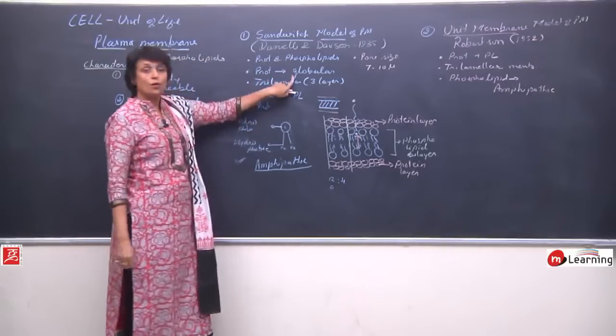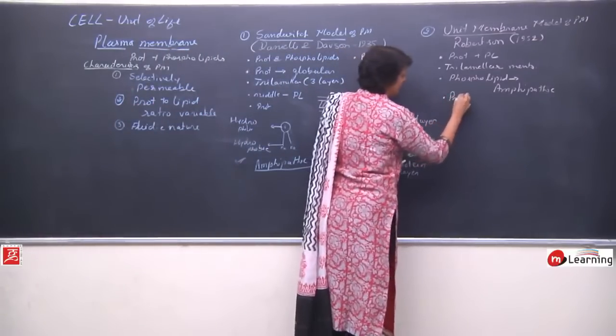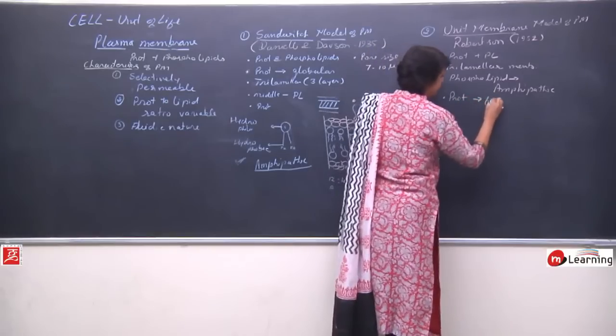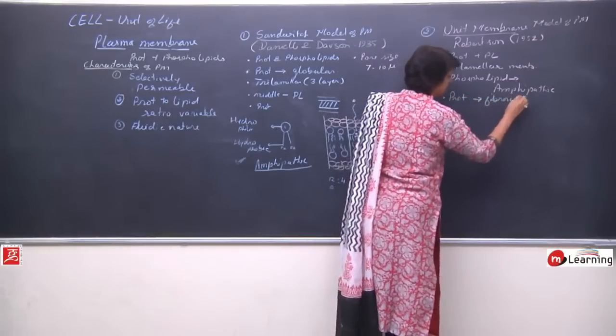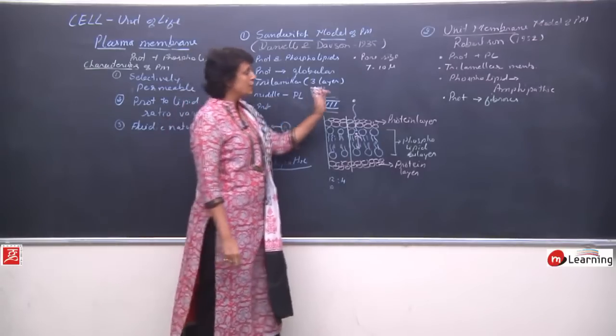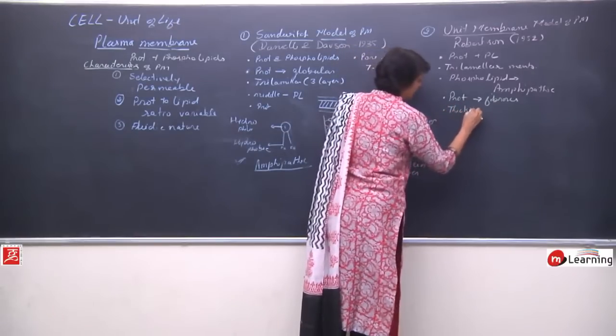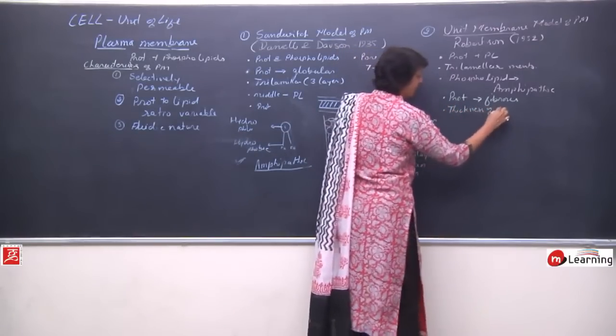Here the proteins were globular. Robertson said that the proteins are fibrous. And one more additional information which was given by Robertson was the thickness of plasma membrane.